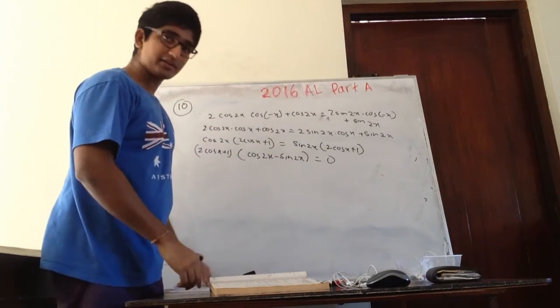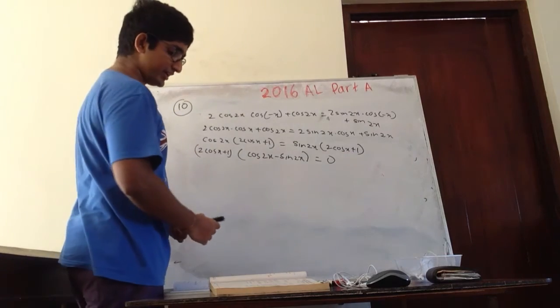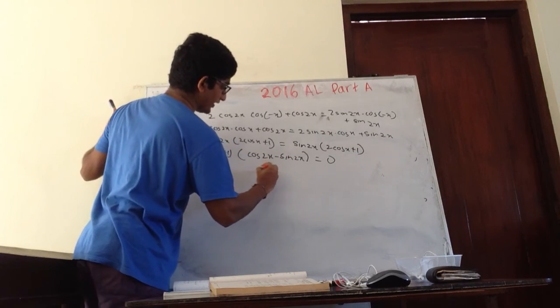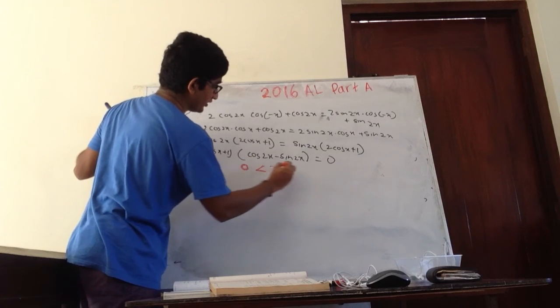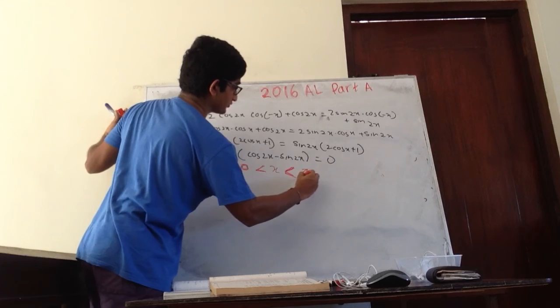They have given a range: x is between 0 and 5π over 2.